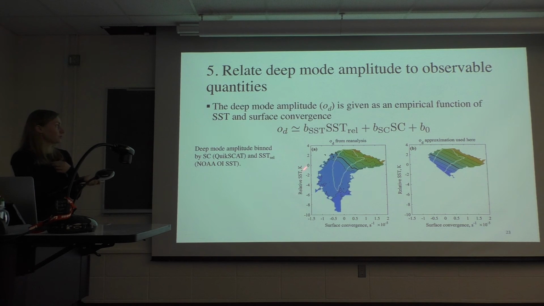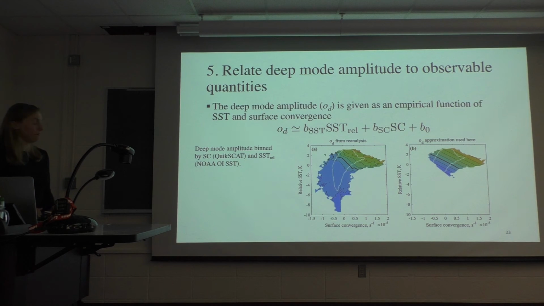So this is from data, and this is what it looks like using our regression. We think it does pretty well. We're happy with this. The thick black zero contour is in about the same place.